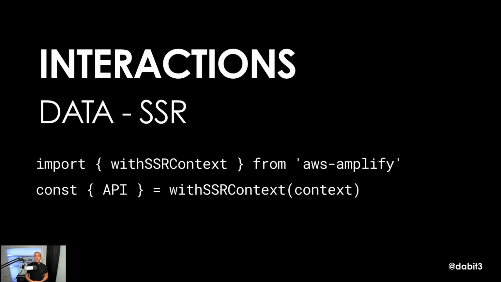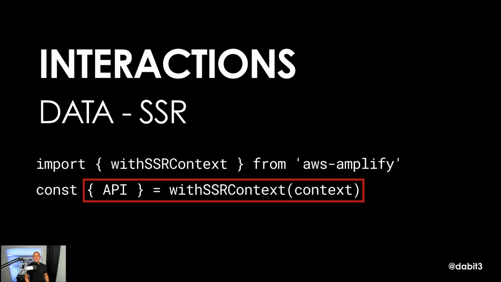The way that you would do that is you would import the withSSRContext utility, which is new, and then you would take the context that is passed in either into the API route or to the server rendered route, and you would destructure that API category. And from there, you can make authenticated API requests from a server rendered route or an API route.